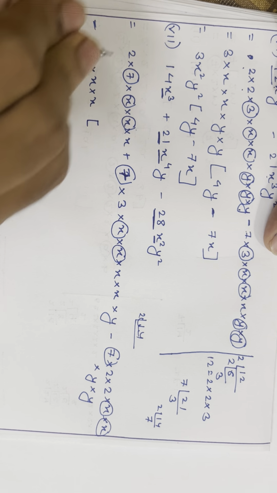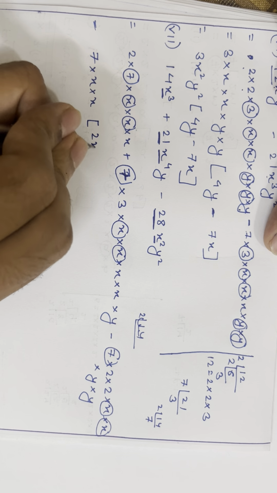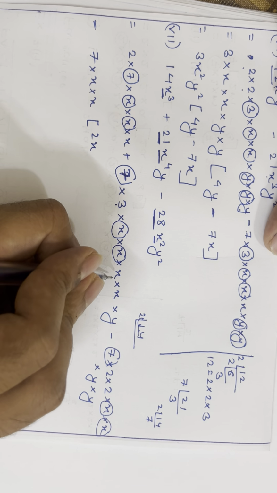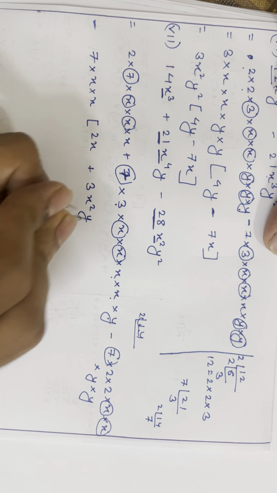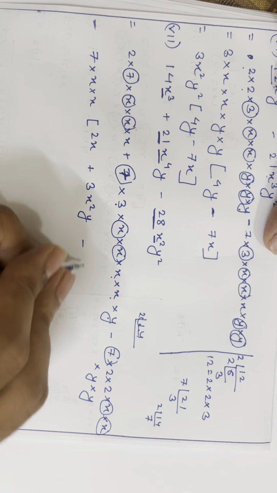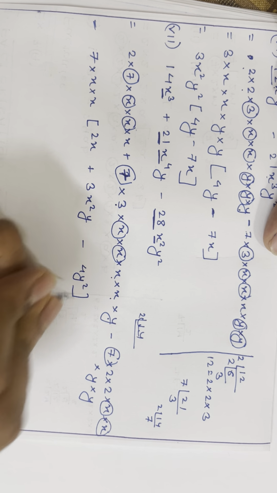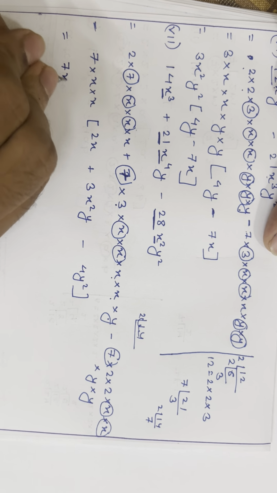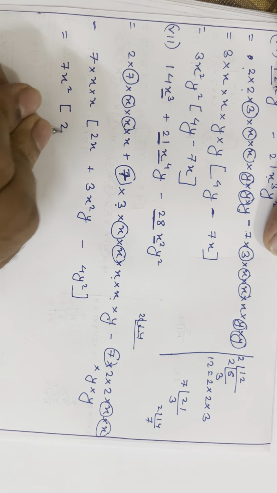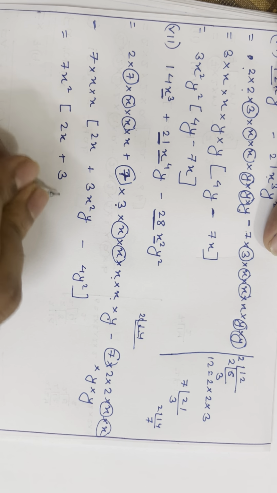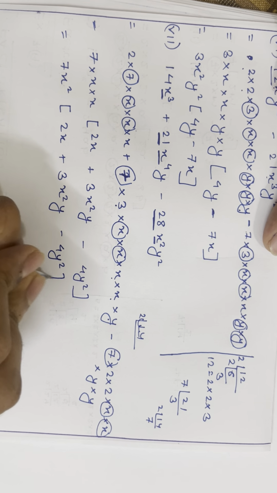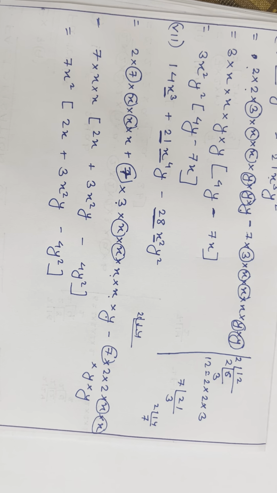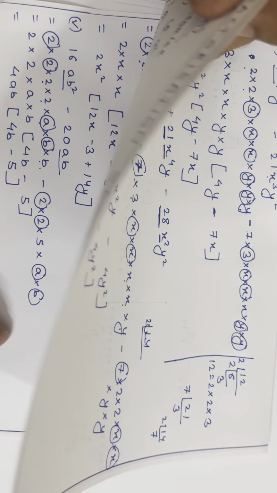So what will remain? 2 into x, 2x. 3 into x into x into y means 3x square y minus 2 to the 4 into y square, 4y square. So 7x square, 2x plus 3x square y minus 4y square. So this is your answer. So question number 7 is done.